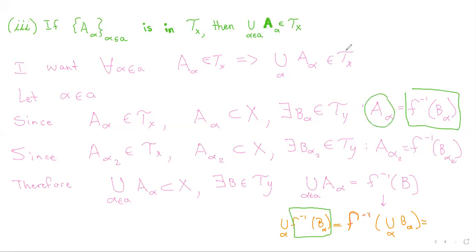So we can write union alpha in A for A sub alpha. So we just showed that this is indeed equal to that, as these are the same.